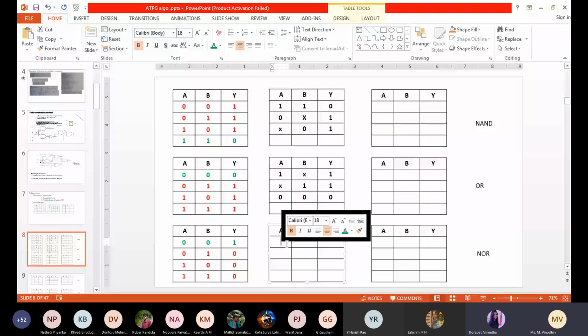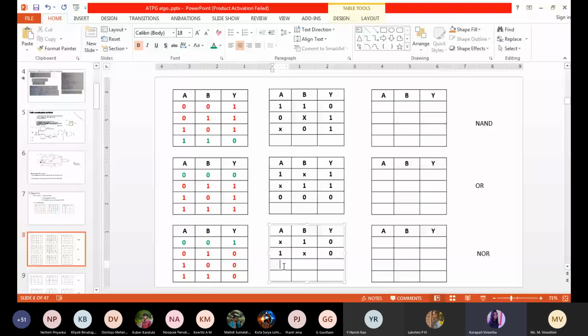What is the singular cover for NOR gate? X10, ma'am. Okay. 1 don't get 0. 1 X. Okay. 0, 0, 1, ma'am.